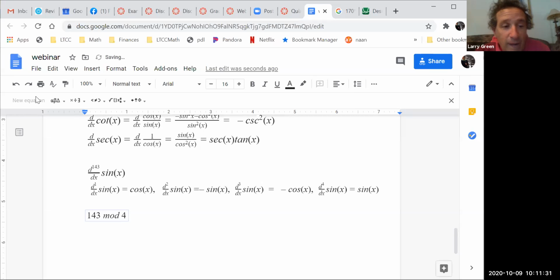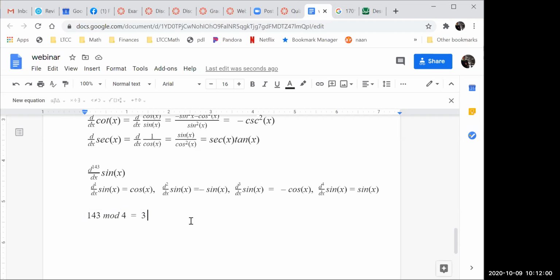If you have any programmers in the group, you should know what that means. That means divide by 4 and only write down the remainder. So if you divide by 4, 4 times 3 is 12, get another 2, then you get 23, 4 times 5 is 20, and there's a remainder of 3. Any questions on that? Very important in computer science to understand modular arithmetic.